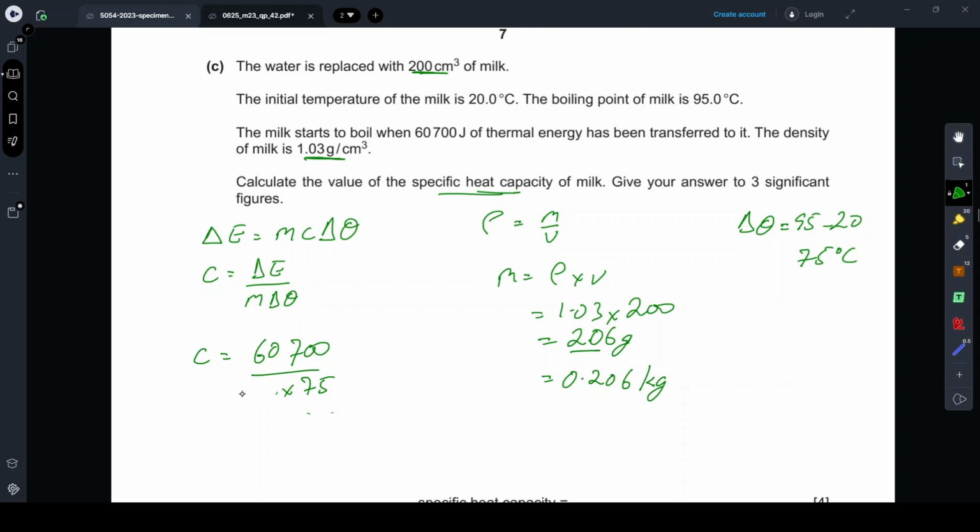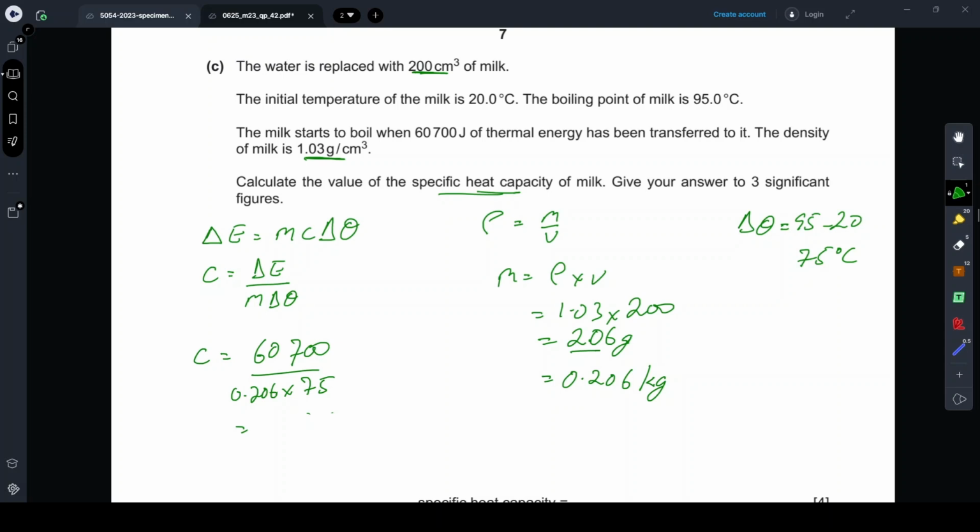So we do 0.206. Now what are we getting out of this? Isn't it going to be the same thing? Wait, it's going to be different. 3.93?